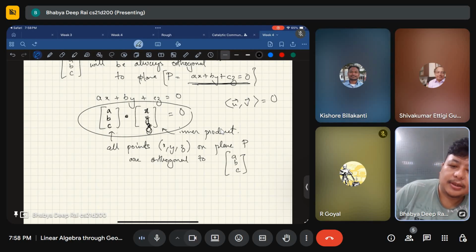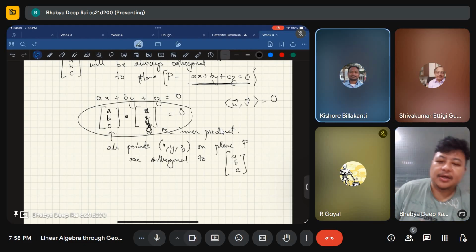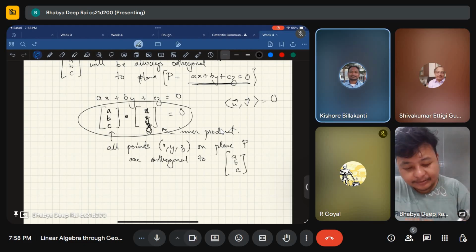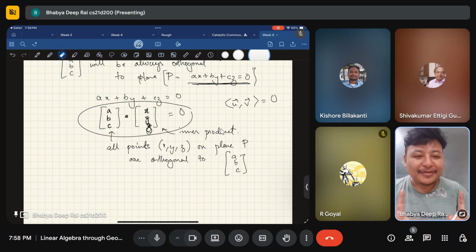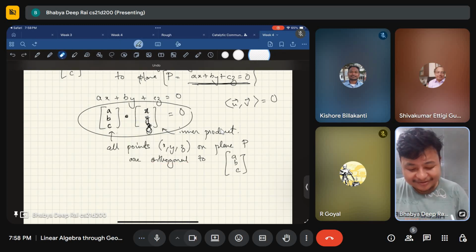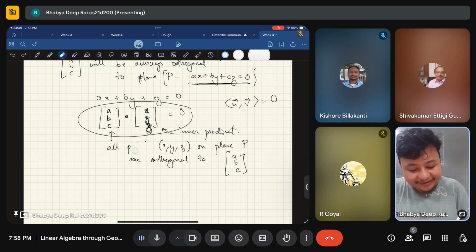Let us suppose we take a plane; we will have infinite points, right? Oh yeah, sorry, I did not mean that. It does not make sense to say orthogonal to a point, because a point does not have dimension. So it's actually all the vectors.